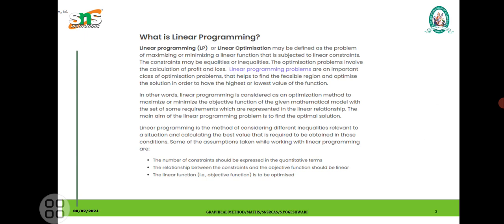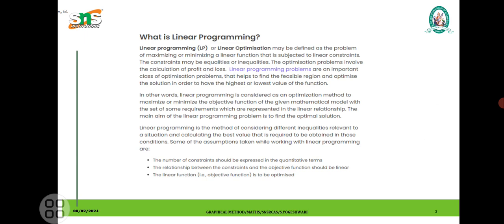In other words, linear programming is considered an optimization method to maximize or minimize the objective function of the given mathematical model with a set of requirements which represent the linear relationship. The main aim of the linear programming problem is to find the optimal solution.